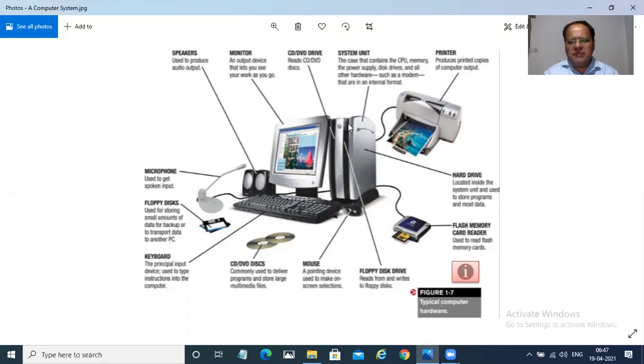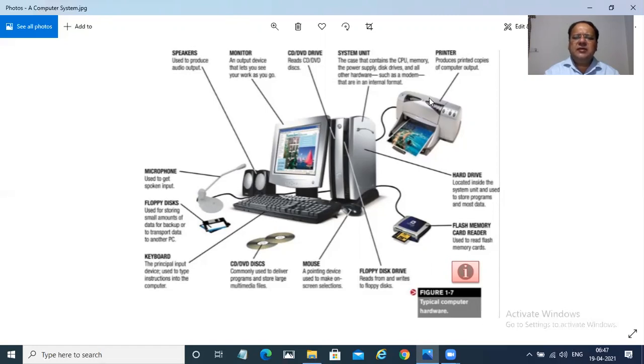We call it CPU. CPU is not the correct word, but it is called your system unit because it has the different types of ICs, the hard disk configuration, CD configuration, DVD drives, and other types of motherboards, etc., RAM card, ROM card, everything installed within the system unit.